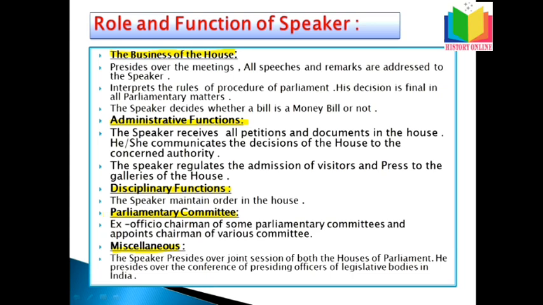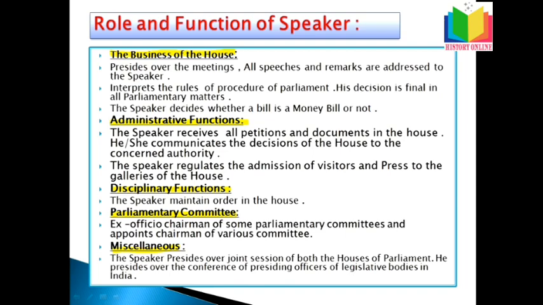And after that, the parliamentary committee. The speaker is the ex officio chairman of some of the committees of the house, such as the business advisory committee and the rules committee.